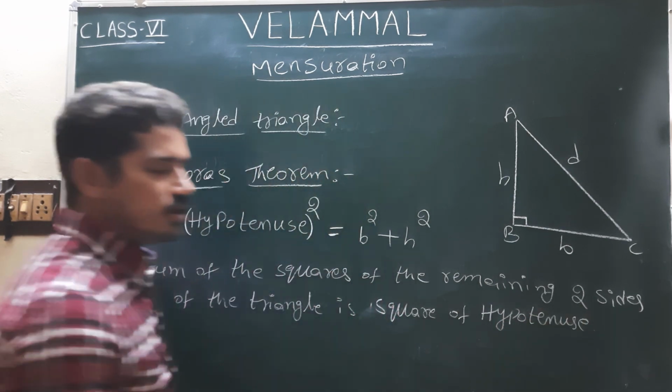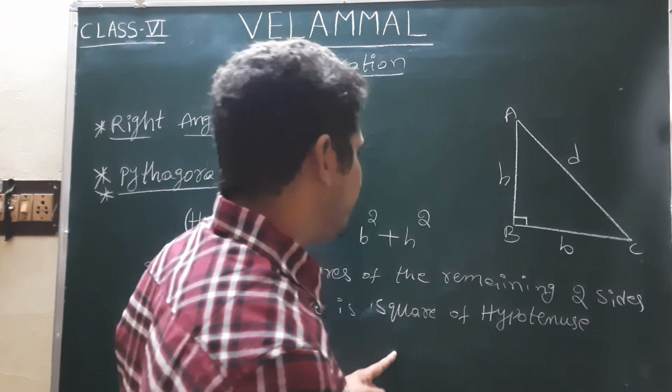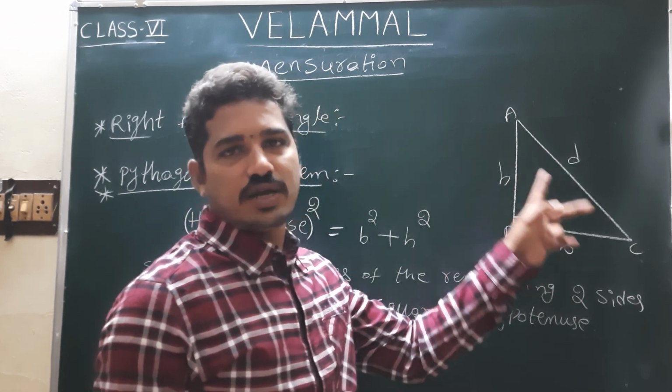It is a very important definition, you need to remember. Hypotenuse square is equal to the sum of the squares of the remaining two sides of the triangle.